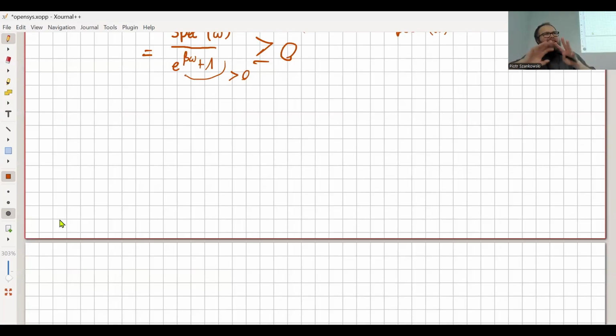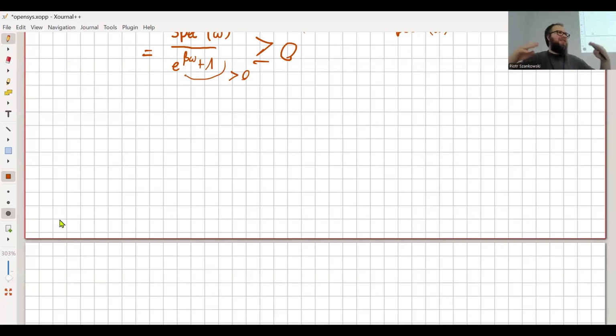We used the fact that the environment is stationary. We did some algebra, and changed the variables of integration. And then we went to the Markov approximation, when we took one of those time integrals and pushed it to infinity, so that we got effectively a constant operator. So that was Born plus Markov.